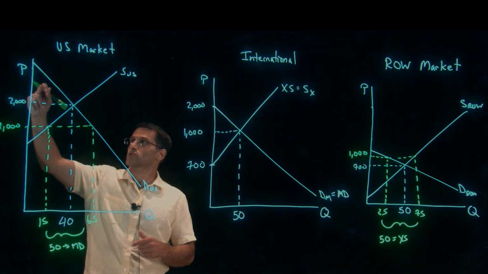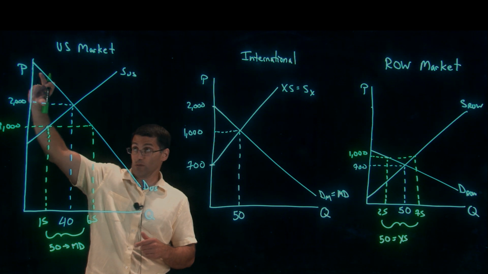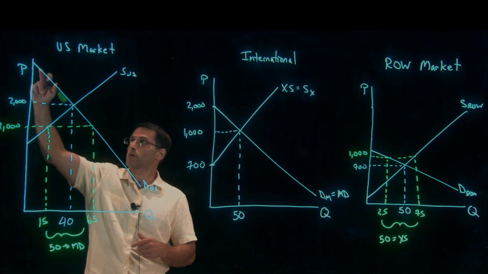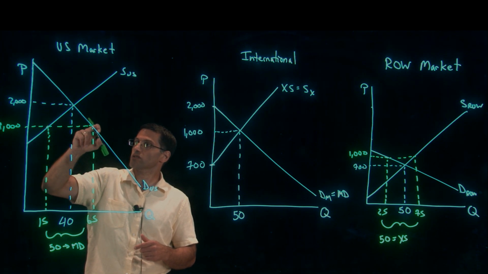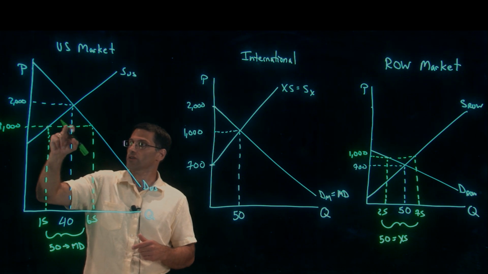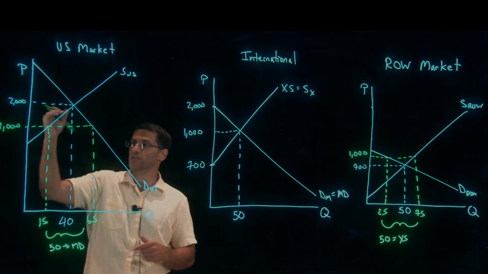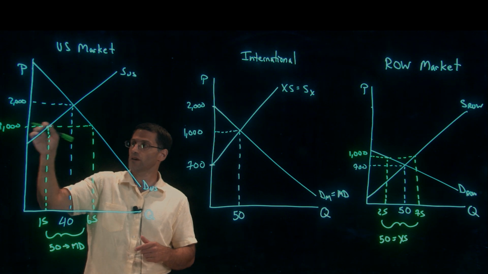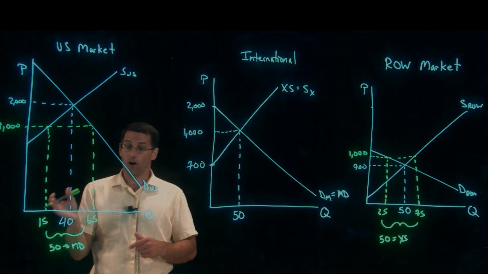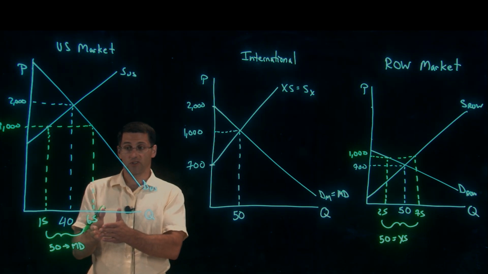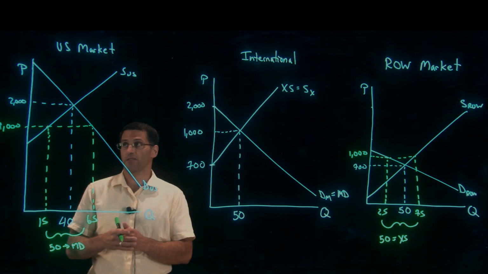So initially, our consumer surplus is this triangle, and consumers are still going to get this. But now, consumer surplus is this larger triangle here. Remember, consumer surplus is the difference between the willingness to pay and the price actually paid, all the way out to the, in this case, quantity consumed, which has gone up to 65.